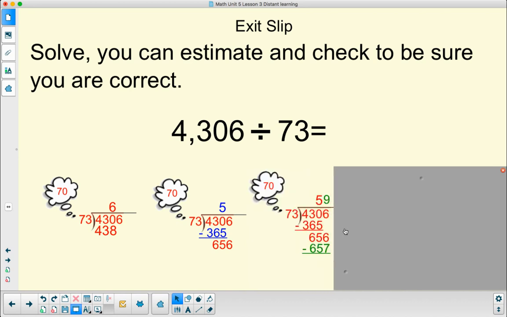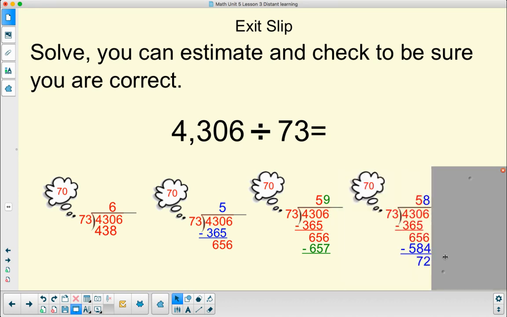So then I estimated there were 9 73s and 656. But when I multiplied, it was 1 too many. So I had to adjust down again to 8. 8 73s were 584. And I had 72 remaining. Good luck with lesson 3. Thank you.